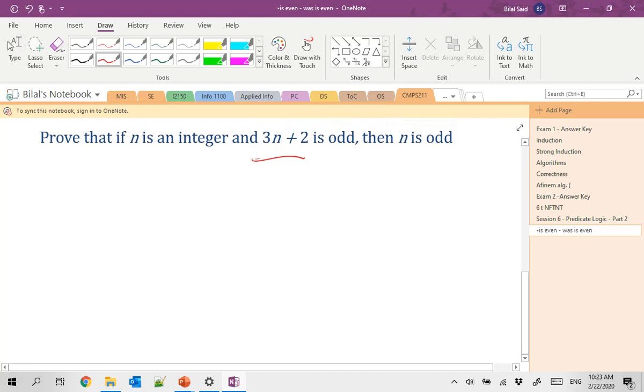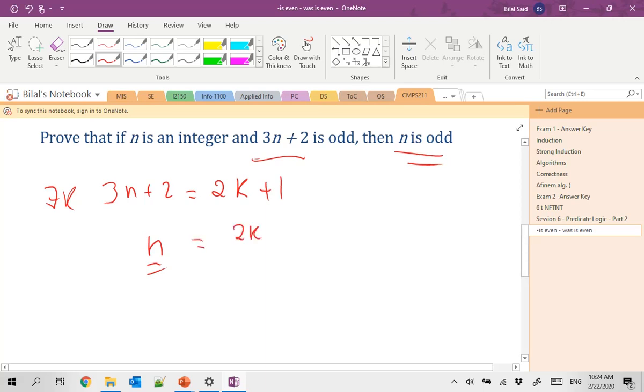If you start with a direct proof, all that you can say about 3n plus 2 is that it is equal to 2k plus 1. Do you agree? But then if you want to isolate n, because we want to prove that n is odd, you get something very weird, something like 2k minus 1 over 3.